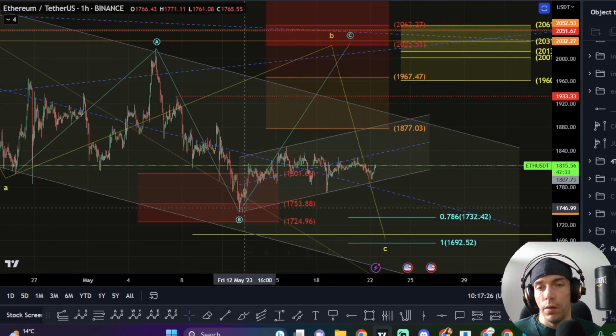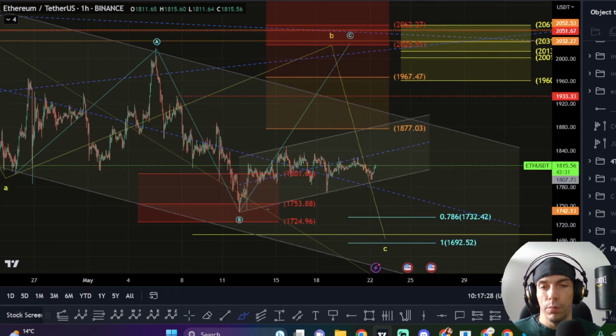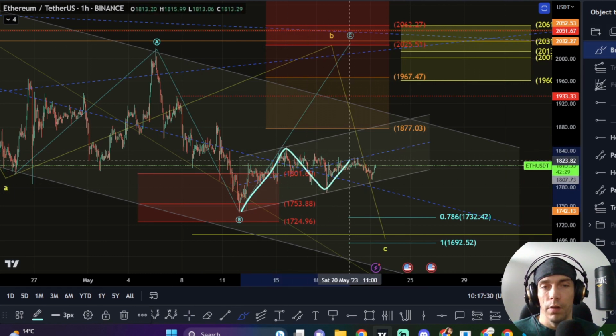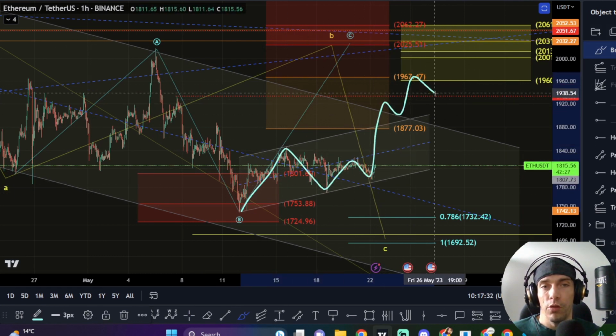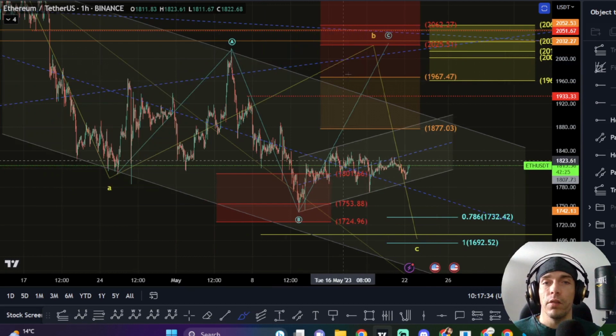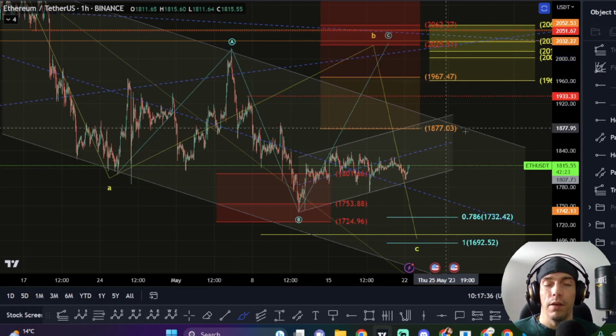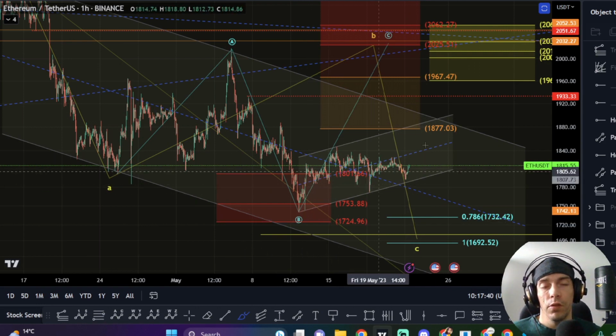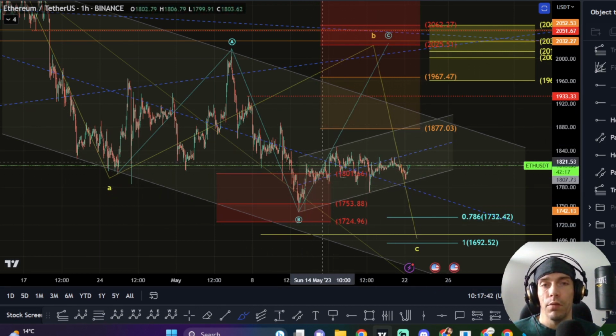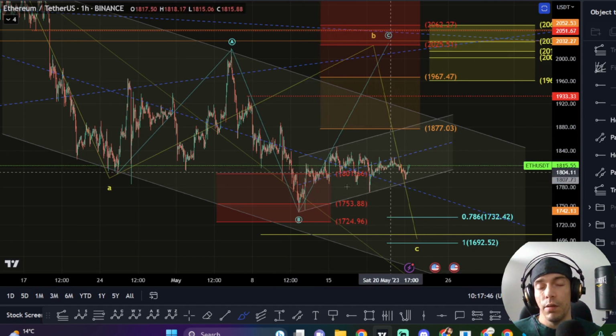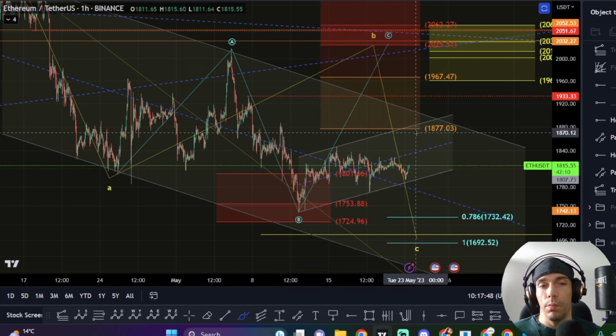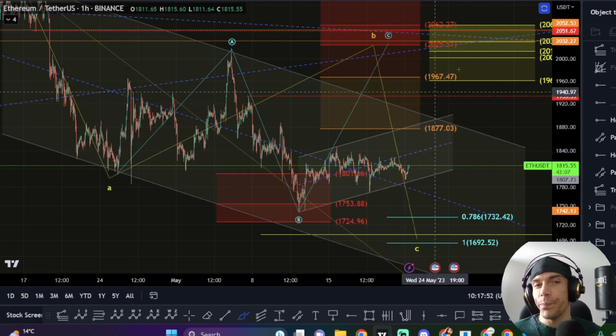Because we haven't actually broken down past this low, it is technically possible we could start to be building this as a bigger 5-wave move, in which case we'd see something like this, looking to bring us back up into some of these higher levels, possibly into this channel line. The problem is, if we're just looking at it as into the channel line, we'd have to argue that we're getting a truncation within this C wave, and we would be looking for potentially this lower target of this 1877.